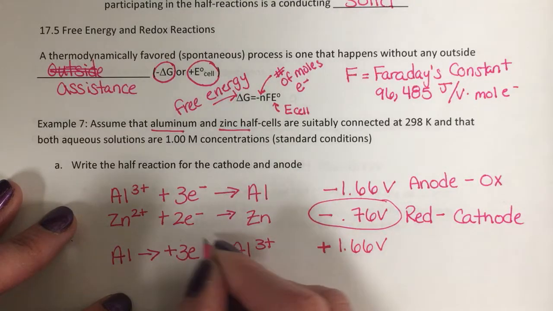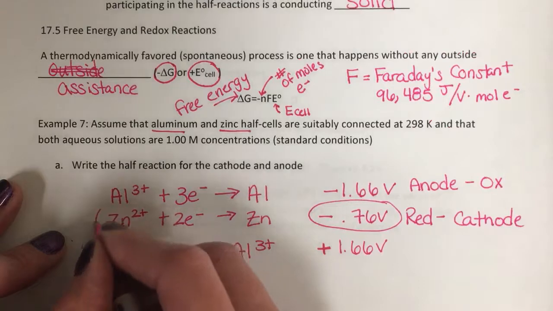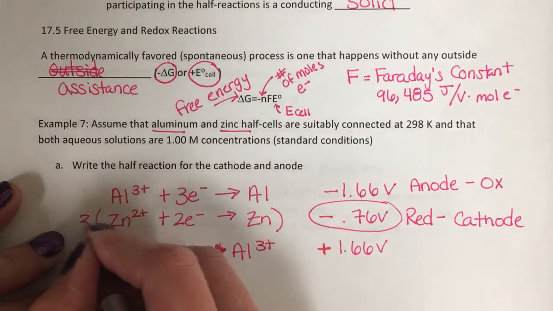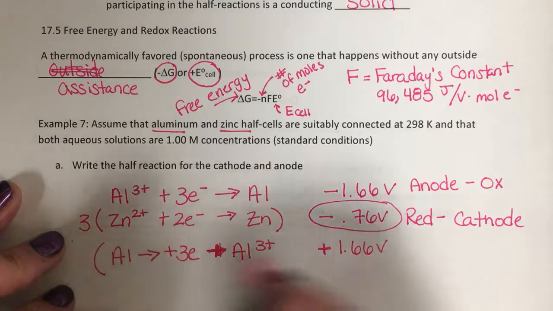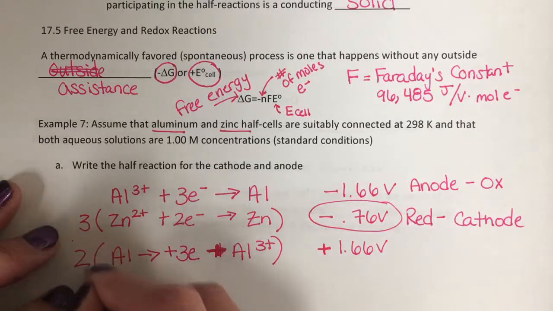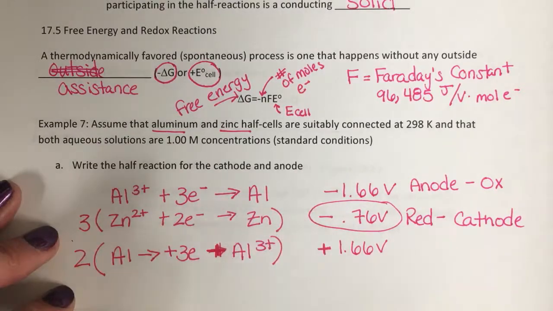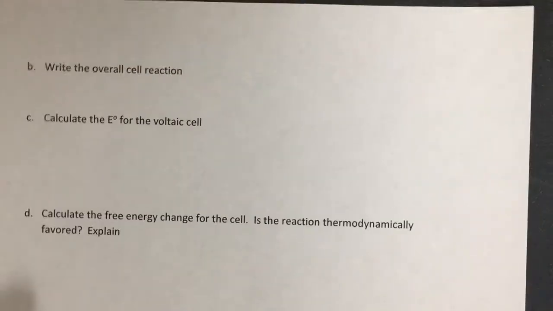Now my electrons aren't balanced right now, so I know I'll need 3 of those. 3 times 2 is 6. I'm going to need 2 of those. 2 times 3 is 6, so that's balanced. And that's what will allow me to write the overall reaction.